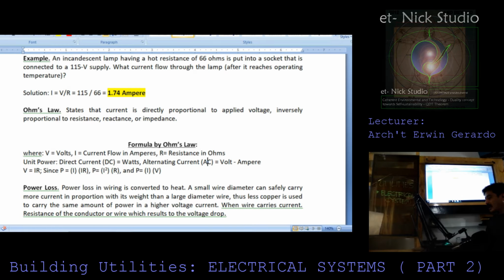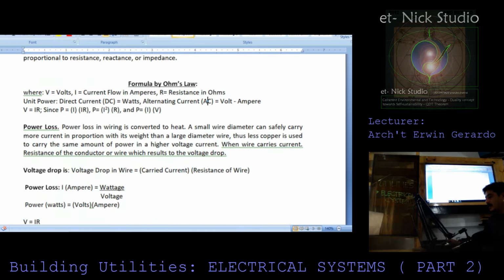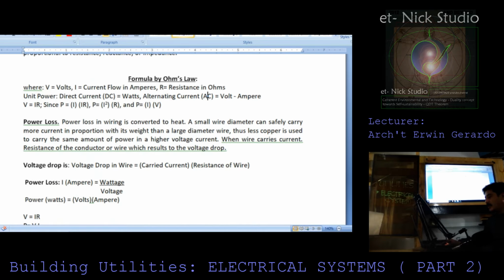When wire carries current, the resistance of the conductor or wire will result in a voltage drop. Voltage drop in a wire is equivalent to the carried current times the resistance of the wire.